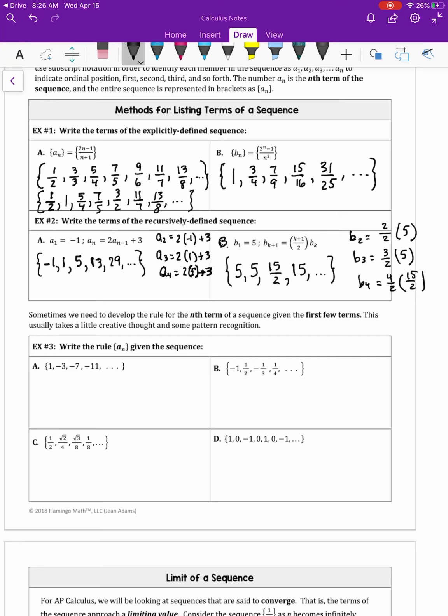So again, this is like what I was telling you before, that it helps if you're thinking, like, oh, this number could be this number or this number, especially when it's fractions. But you always have your a sub 1, right? Because you can see it, you've got your list here. And then you're trying to look at what is going on in the sequence, okay?